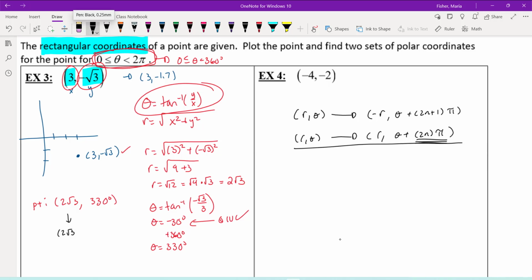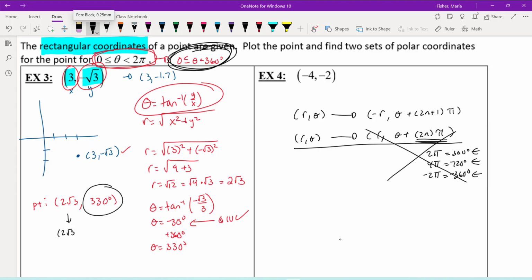So that's things like 2 pi or 4 pi or negative 2 pi, which means 360 degrees or 720 degrees or negative 360 degrees. Well, if you have 330 degrees and you add 360, you're outside of your parameters. If you add 720, again, you're outside of your parameters. If you subtract 360, you're outside of your parameters. So you cannot keep r positive.